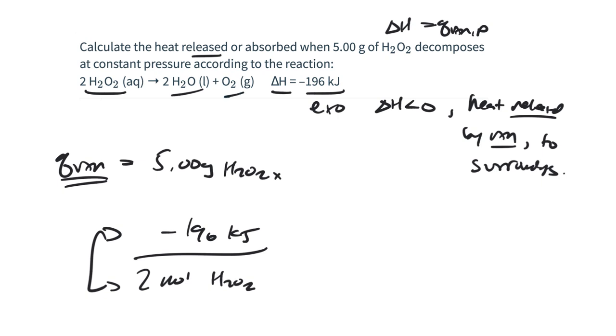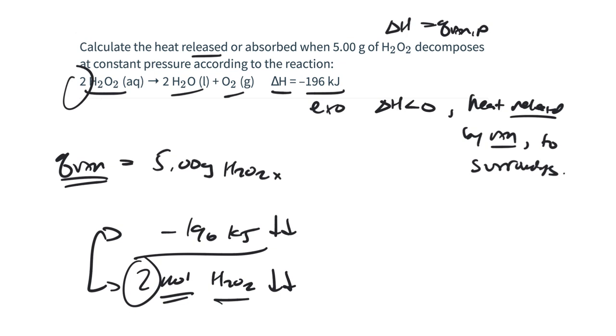So what I'm looking at here is this coefficient, and then that's moles of that substance versus the Q reaction, or the delta H, minus 196 kilojoules. So when this much of the reactant reacts, this is the heat of the reaction. So that's the heat by which the reaction is losing heat.